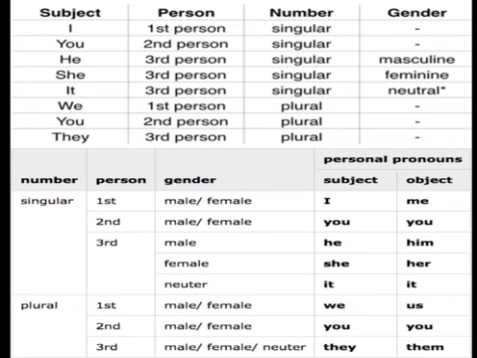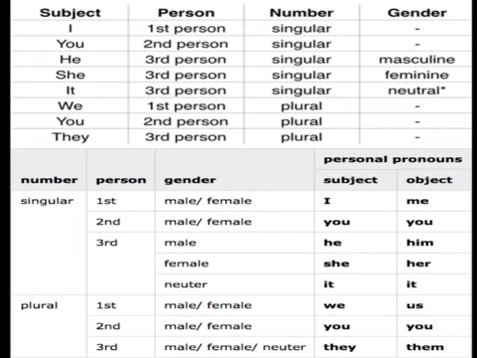Now, when we are talking about masculine and feminine, you can see on the slide that in case of singular person, male or female, we use I or me. For second person singular, we use you in both the cases. And in place of third person, for male, we use he or him.